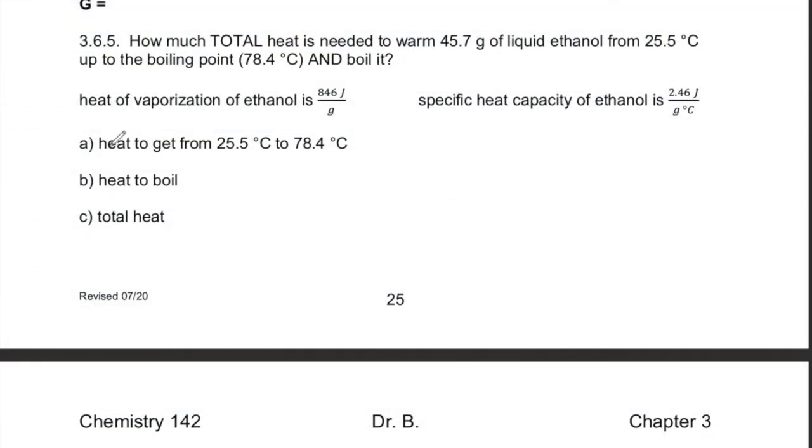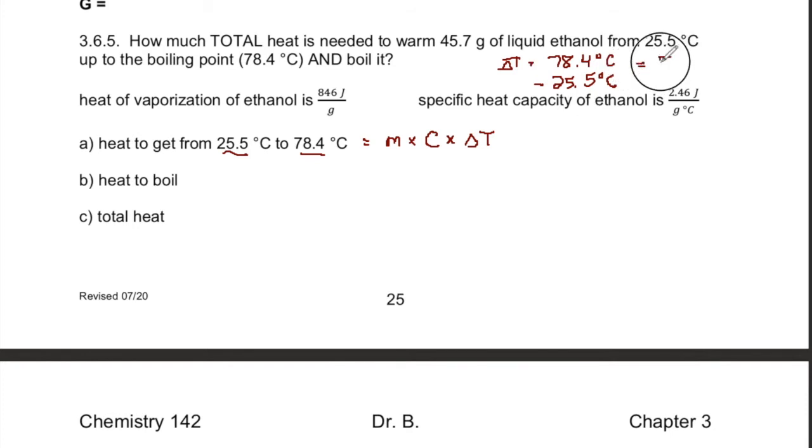So we are doing two things to ethanol. We are warming it from 25.5 degrees to 78.4 degrees. So the heat to raise the temperature of something is the mass times the specific heat times the change in temperature. So the change in temperature, I lined it up to see that it's going to go one past the decimal, but there's not really room to write it underneath.